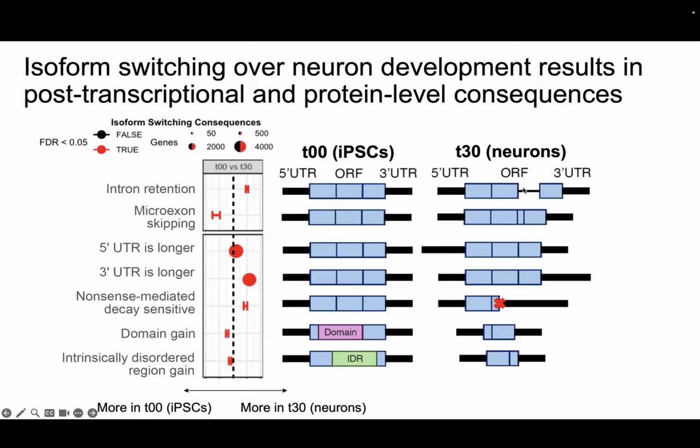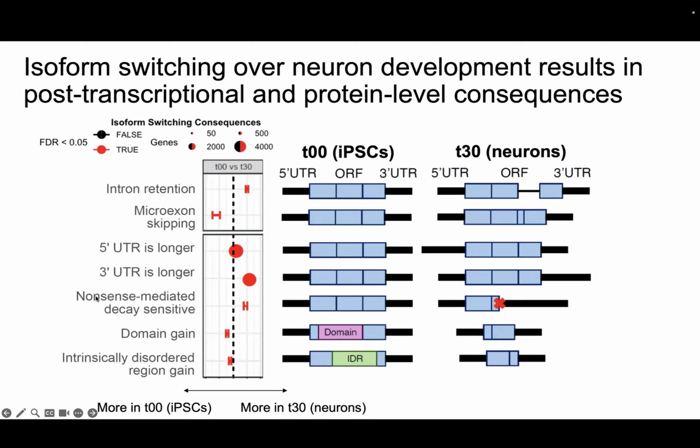So that's basically where an intron is retained between two exons. Intron retention is often associated with nonsense-mediated decay, which means that you have a premature stop codon. We don't quite know why, but neurons tend to include more introns, and those transcripts would then be subject to nonsense-mediated decay.